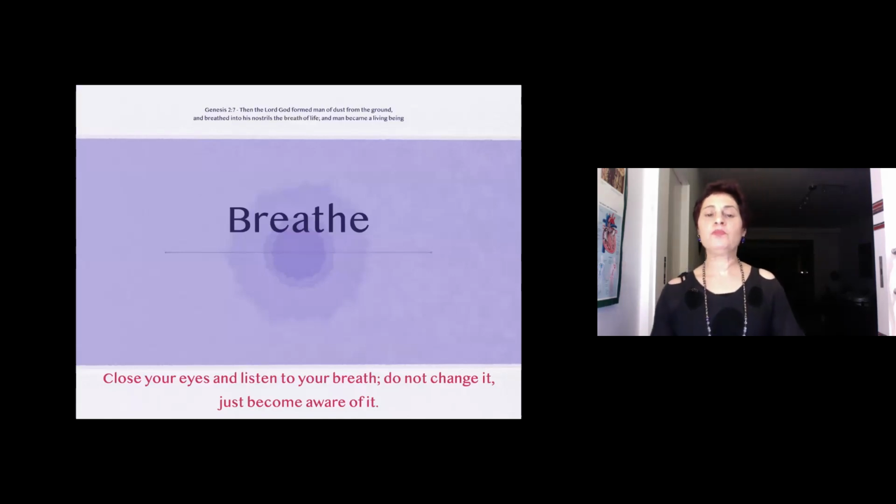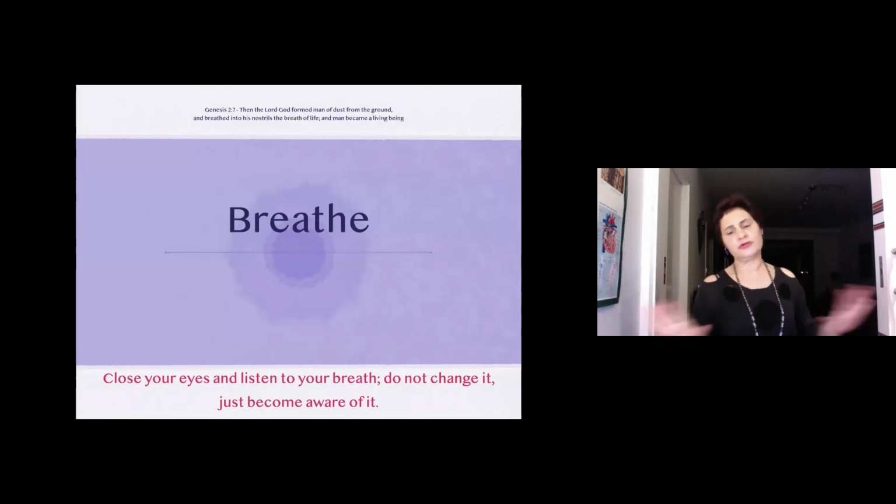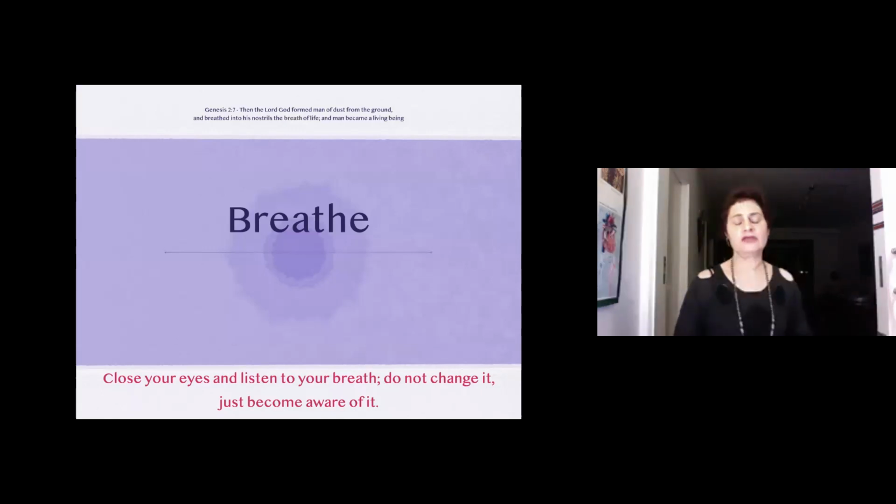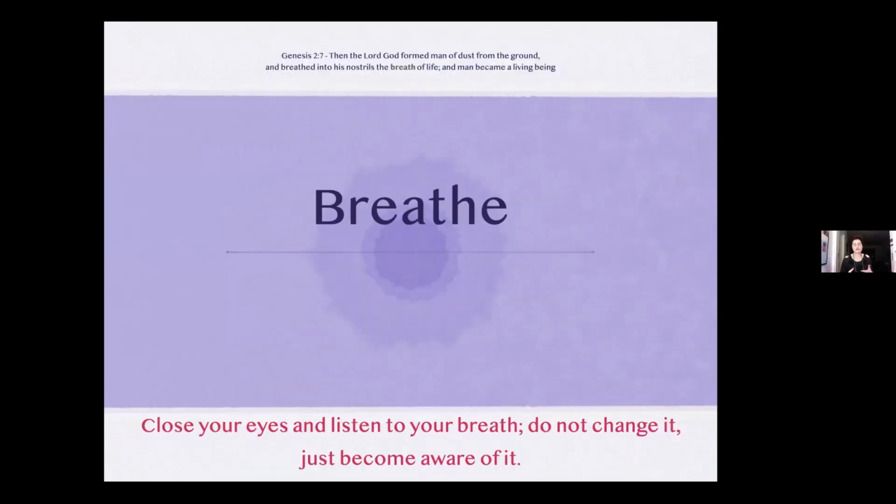Okay, so breathe. Close your eyes and listen to your breath. Do not change your breathing, just become aware of it. So you're there, you're sensing something is moving. What is moving exactly? Sense your rib cage. There is something that comes up and goes down that allows the breathing to happen.